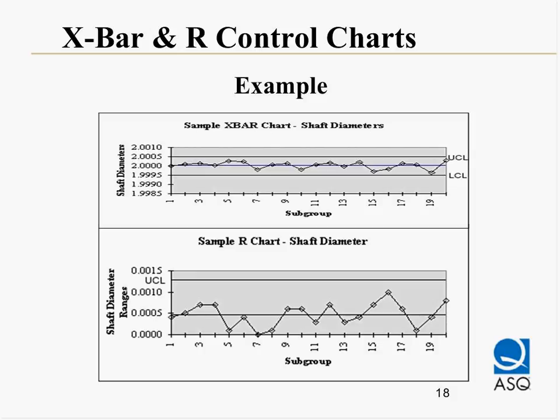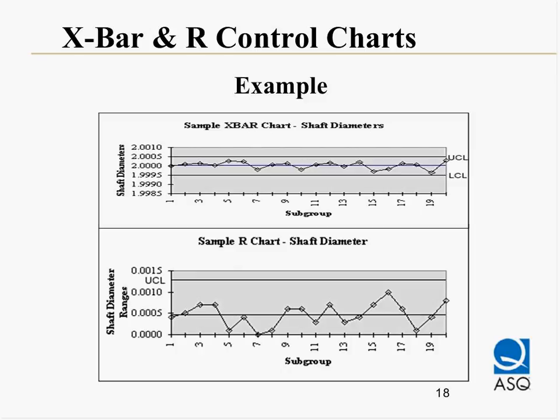Below the X-bar chart is the R chart. That's the ranges, and I draw a vertical line from the top chart to the bottom chart for each of the various points, like point number 1, point number 2, point number 3.